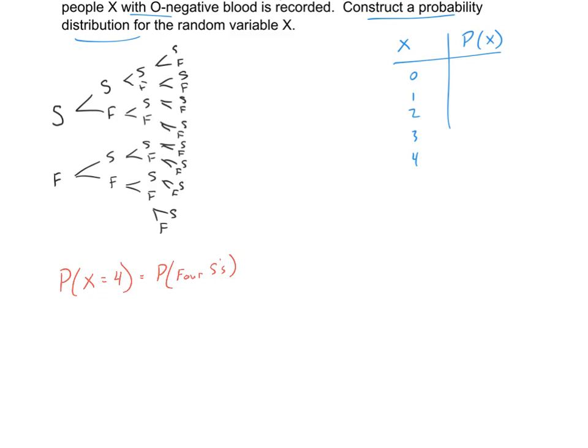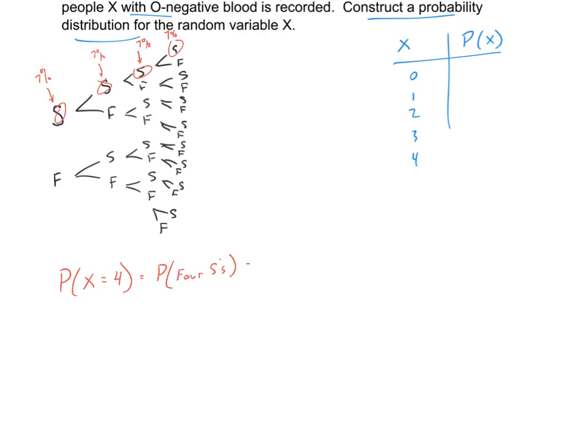I'll be a little bit informal here. Okay, so there's this one. I already circled them a minute ago, but I'm going to circle those 4 S's again. All right, and now what is the probability that each individual person in that group has O negative blood? Well, that's 7%. Each one of those people has a 7% chance of having O negative blood, all 4 of those people.